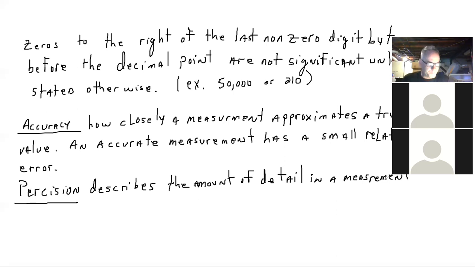And that's how much detail we would have within that particular measurement. So accuracy is how closely a measurement approximates a true value. And precision is just the amount of detail that we actually have in the measurement itself. Okay.